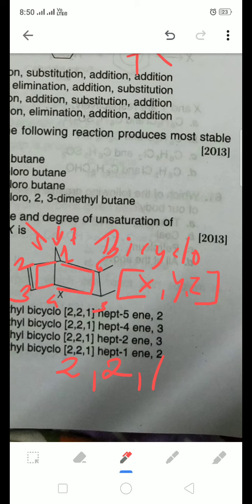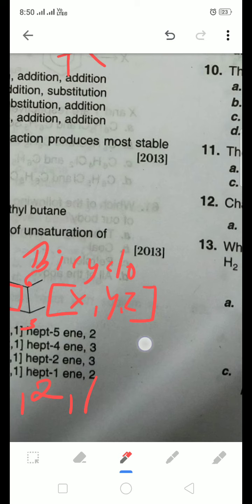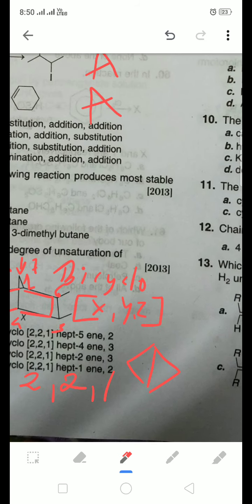We always write the number of bridgehead carbons at last. If you still have confusion, let me tell you one. Okay, so please tell me how many bridgehead carbons are present. So what would Z be in this compound?